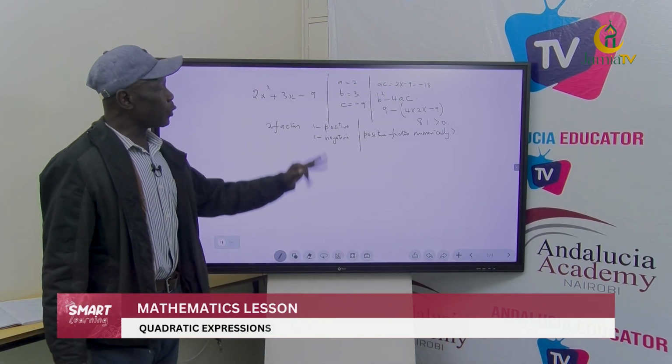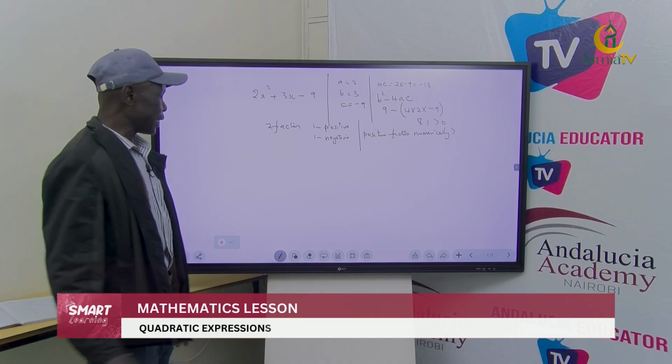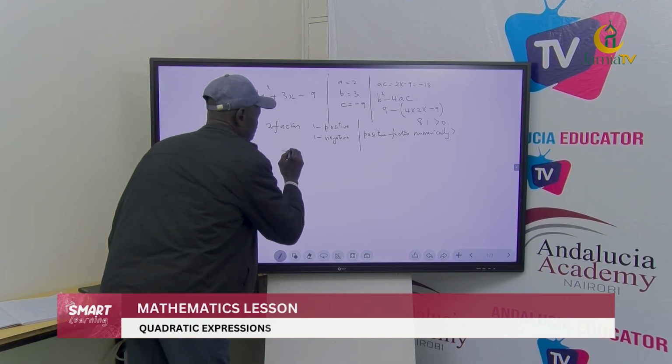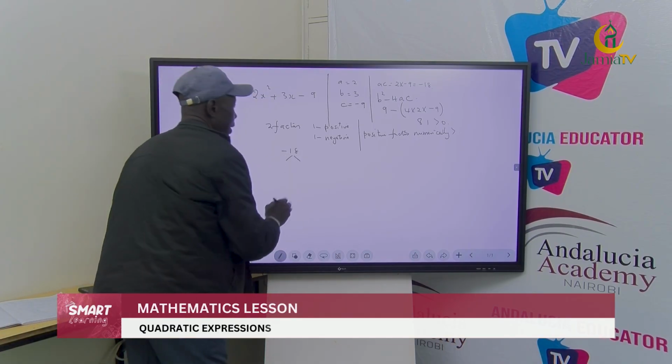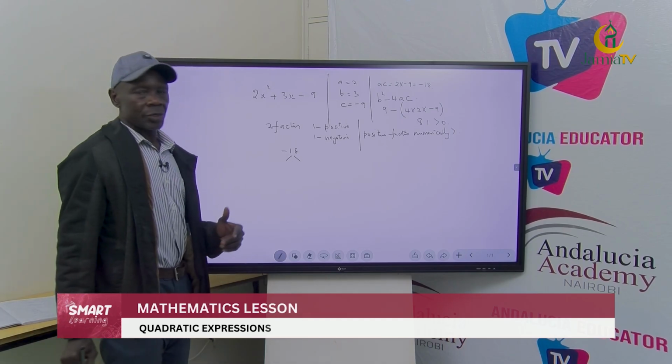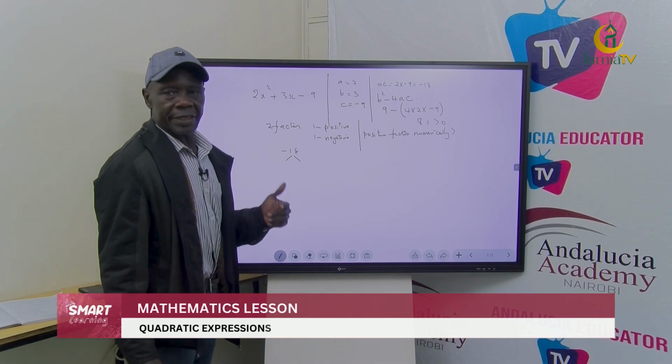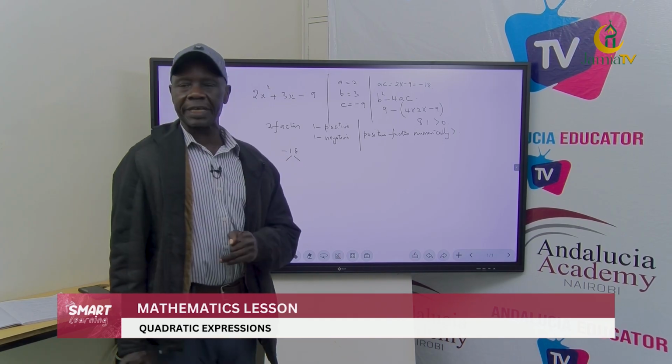So let's quickly go to factors of negative 18. Now, we need two numbers which, when I add them, give me 3, and when I multiply, give me negative 18.